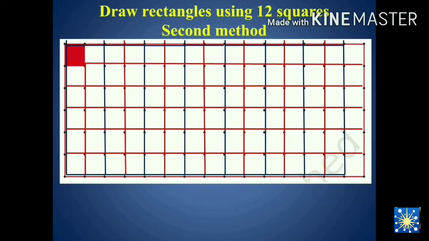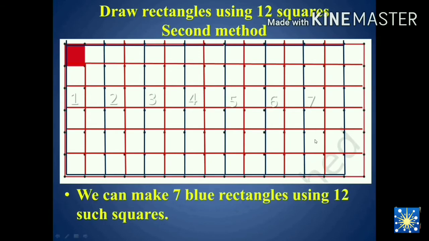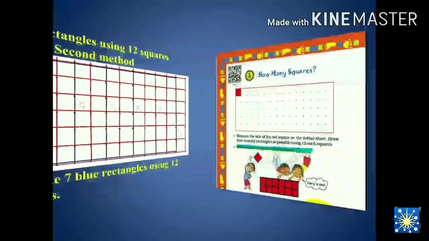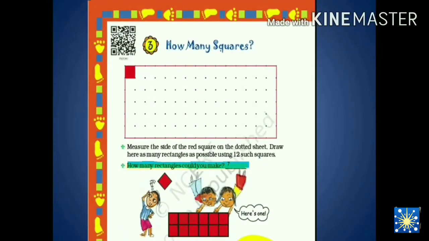Let's count them. 1, 2, 3, 4, 5, 6, 7. So we can make 7 blue rectangles using 12 such squares. Now look at this question. How many rectangles could you make? So we can make 7 rectangles in this dot grid.